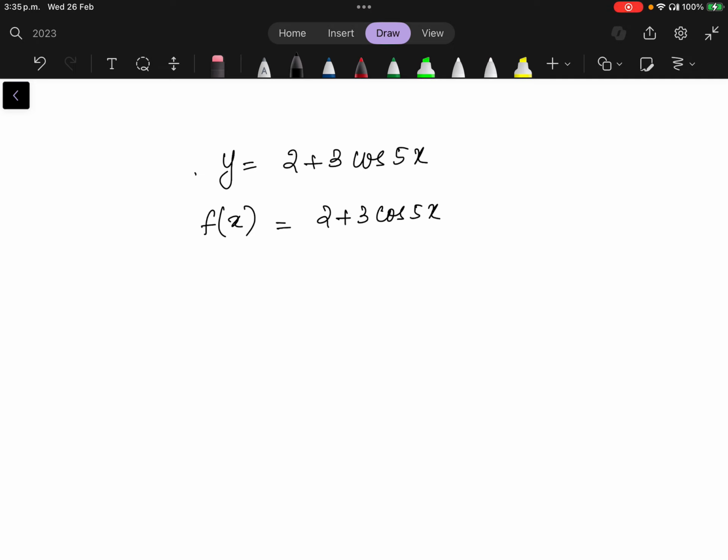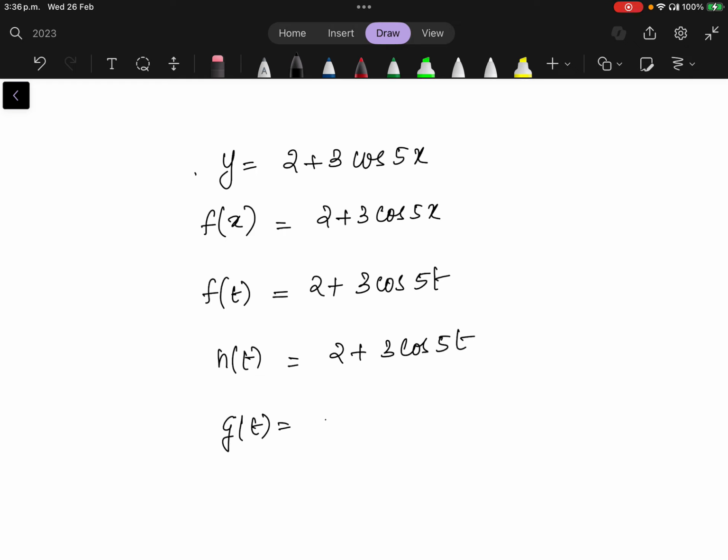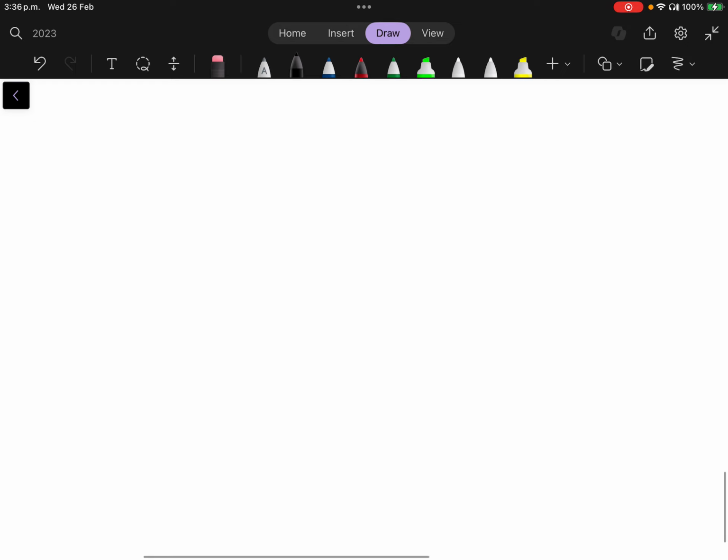Sometimes in your exam you can get something like f of t is equal to 2 plus 3 cos 5t. The letters can be different, or they can give you something like h of t is equal to 2 plus 3 cos 5t. They can give you anything. Or they can give you g of t is equal to minus 3.5 minus 4.2 cos 3.6t. Anything. I'm not able to paste it, but I will show you one exam question.